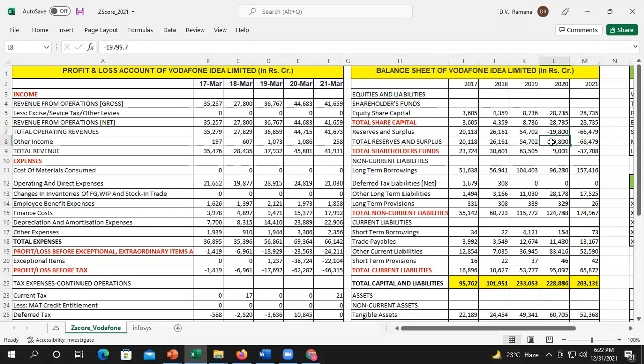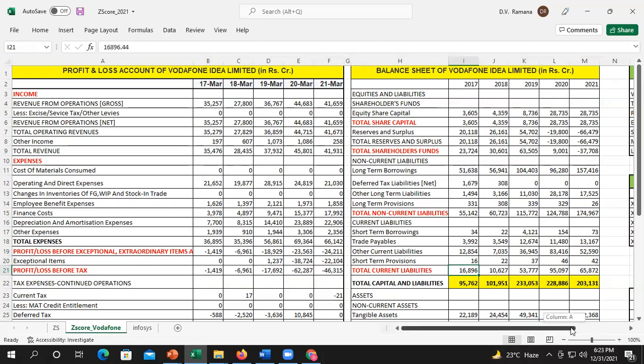So the company became a negative equity company in 2020 and continues to be one in 2021. On the other hand, the long-term borrowings increased from 51,000 crore to 157,000 crore. Similarly, the current liability also increased from 16,000 crore to 65,000 crore.